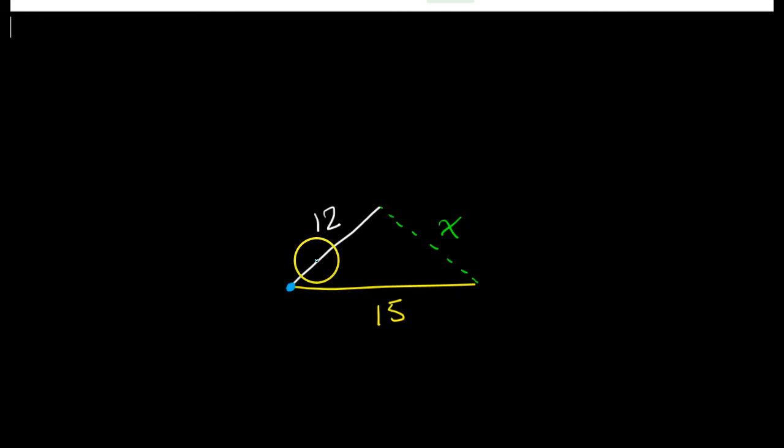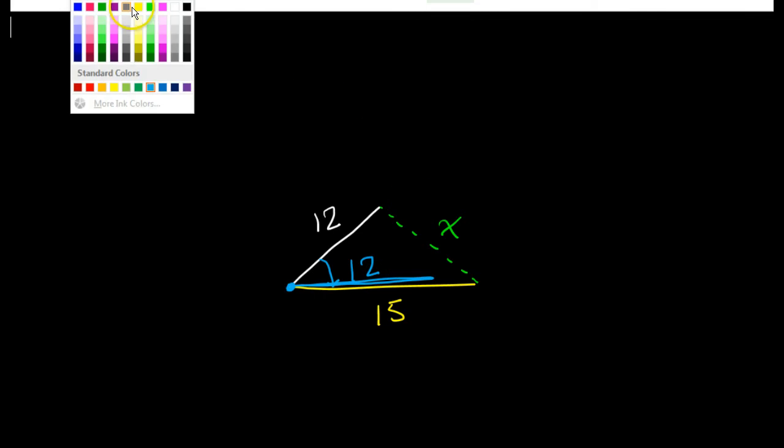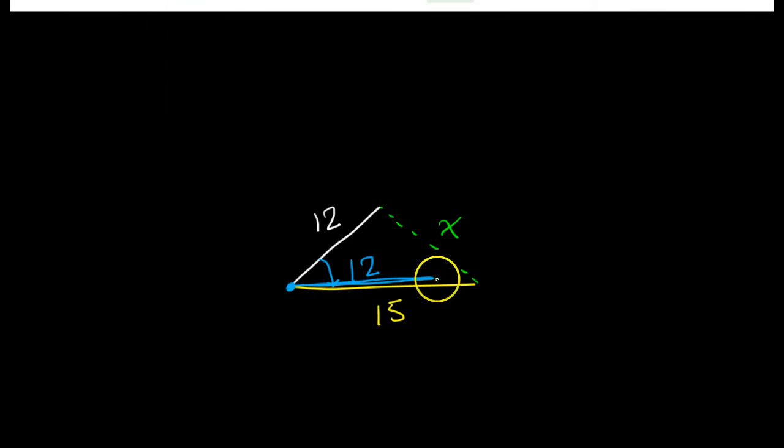If I swung this side down, the more I move this down, the shorter this rubber band is going to get. So the shortest this rubber band could possibly be is if I rotated this until it was flat. So if I rotated this until it was flat, okay, then the 12 would be right here. The rubber band would be right here.